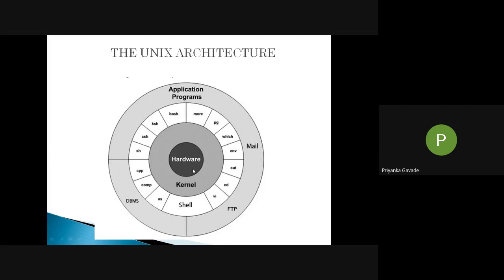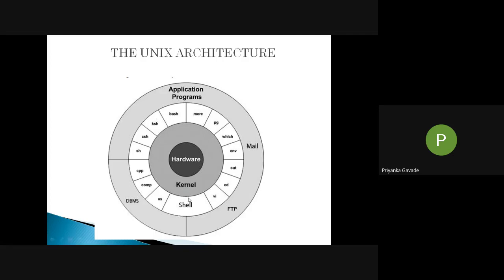The user programs that need access to the hardware use the services of the kernel via system calls, right? What system calls are, we shall see later in the next slides. When a system call is made, the kernel works on behalf of the user. The kernel is responsible for managing the system's memory, scheduling the processes, prioritizing the processes, etc.